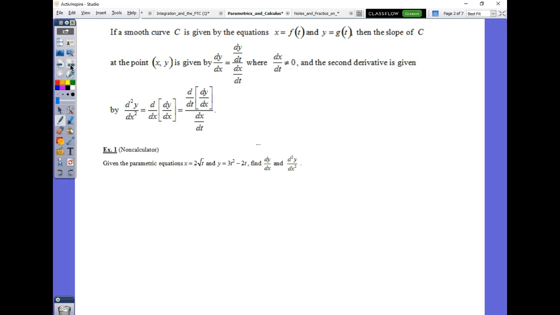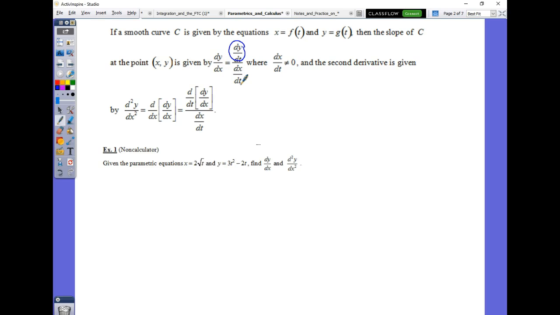Remember what dy represents. If I say dy, you can read that how? Just the change in y, right? So how would I come up with the change in y? I could just look at how the y is changing with respect to t. And how would I do that with the x? I can just look at how the x changes with respect to t.